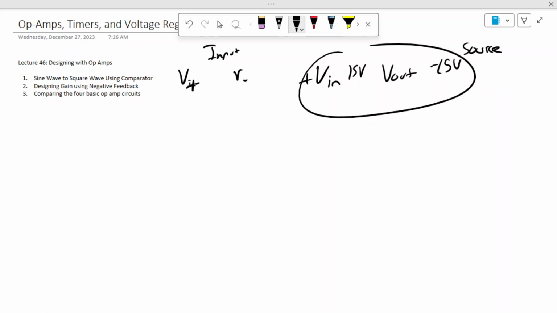If I want to have basically a 5-volt source and I want to double it, I can use my voltage divider to design that. So if I want to double this, which means I want an amplification of 10, remember that if I use a non-inverting amplifier, the formula is going to be R2 over R1 plus 1.